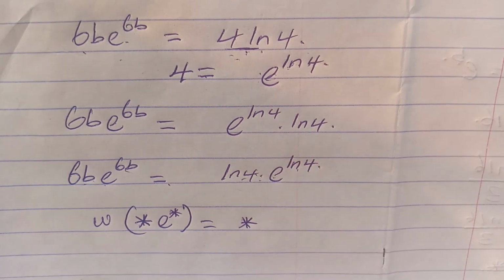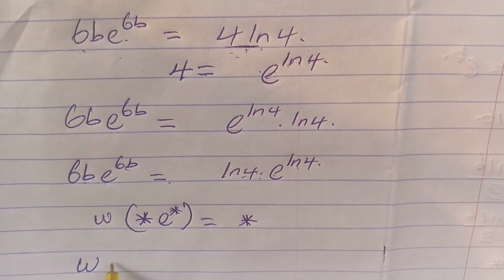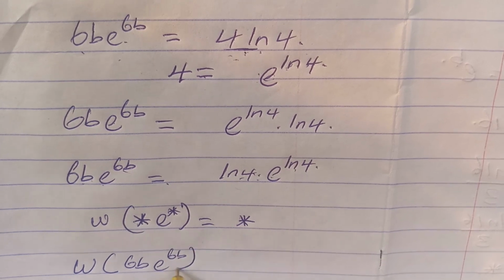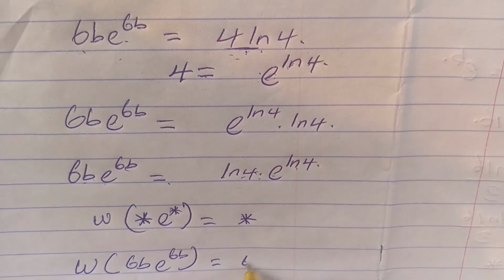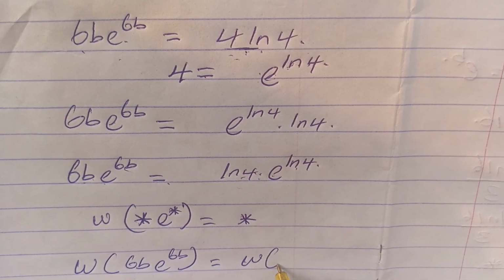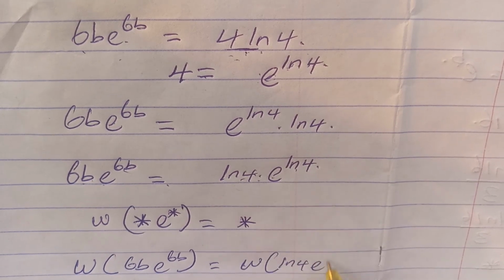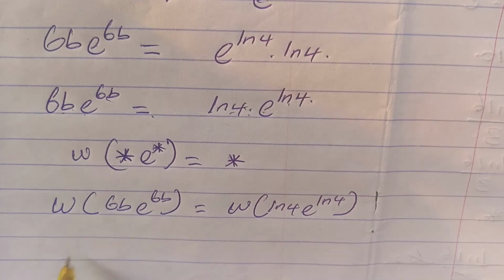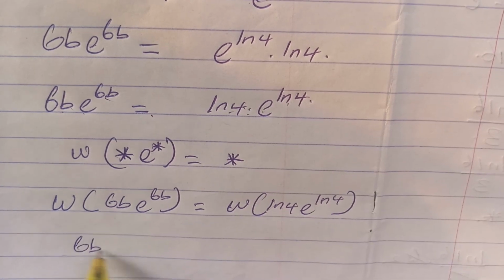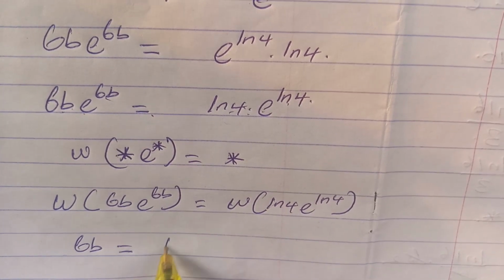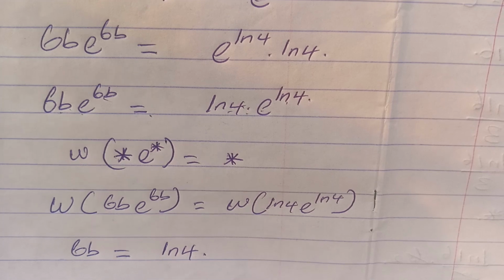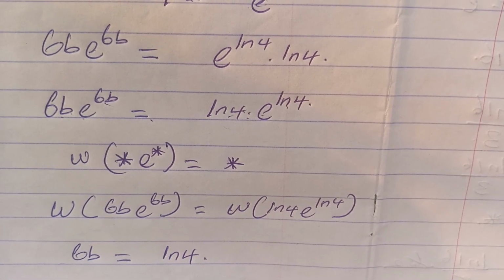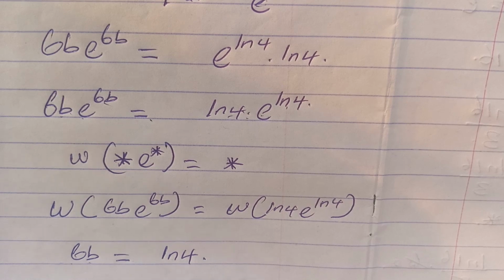If we take the Lambert W function of both sides, we are going to arrive at 6b equals ln 4.